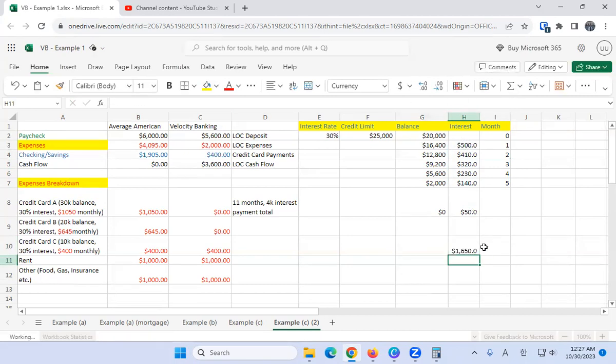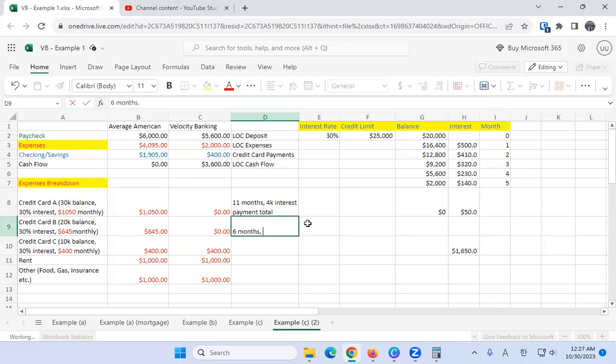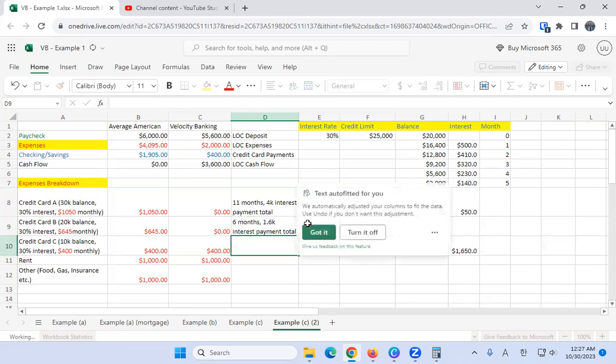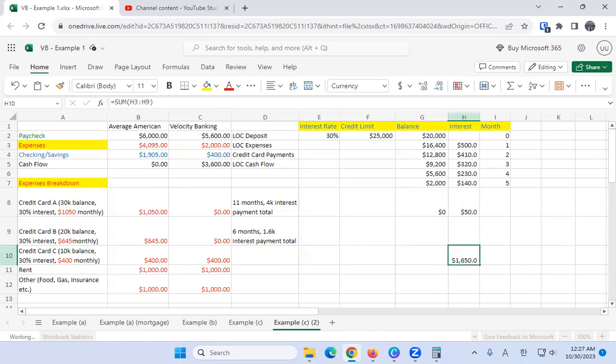This right here. And so this one, it took us about, let's see, I'll say 6 months and 1.6K interest payment total, right? Got it. All right, cool.